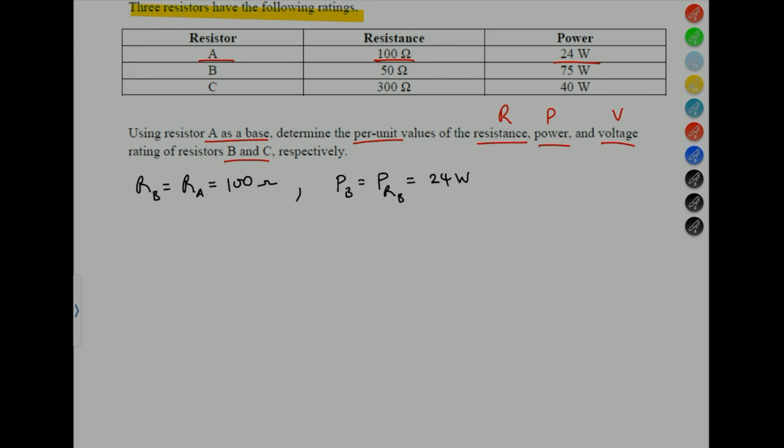so let's see. P is equal to V squared divided by R. Correct?